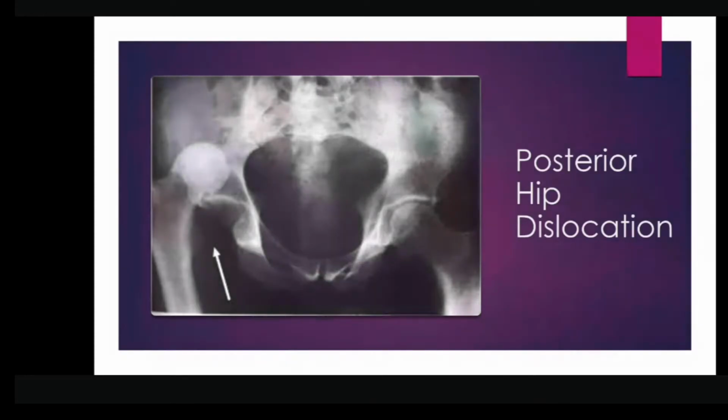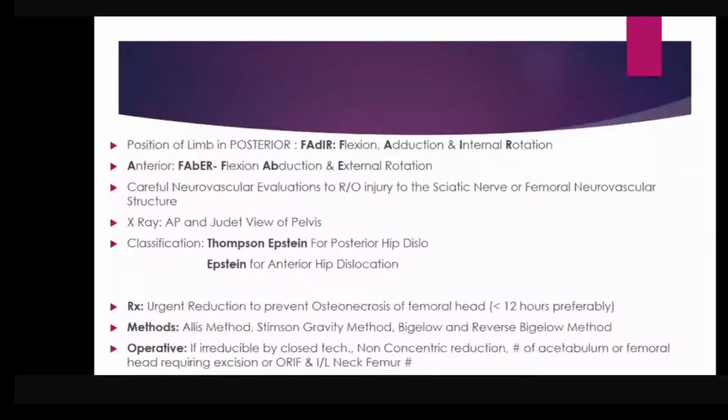From the AP view, it is very difficult for you, but if you consider hip dislocation and are given this X-ray, you should always consider that it should be posterior, as posterior is most common. It is almost 90 to 95%. And even by seeing the attitude of the limb, that is flexion, adduction, internal rotation, you can rule out whether it is posterior dislocation or anterior dislocation.